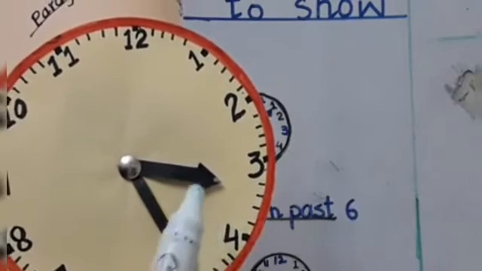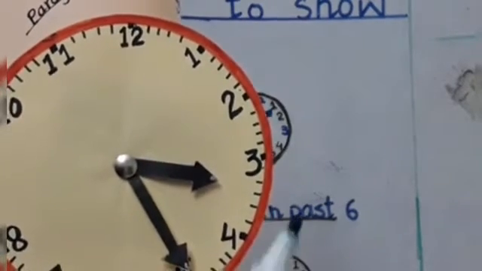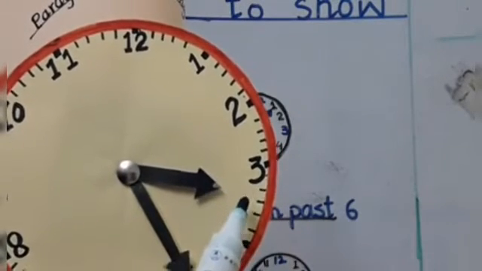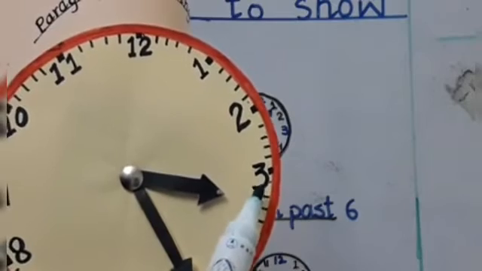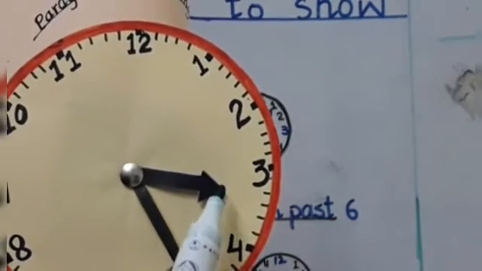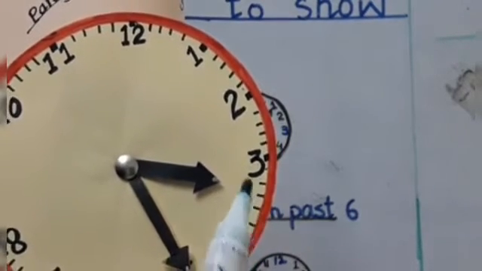After 3 o'clock the minute hand moves, and obviously the hour hand will also move from 3 forward by 2 steps.